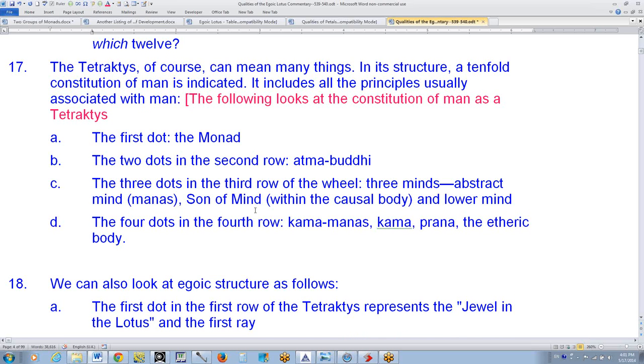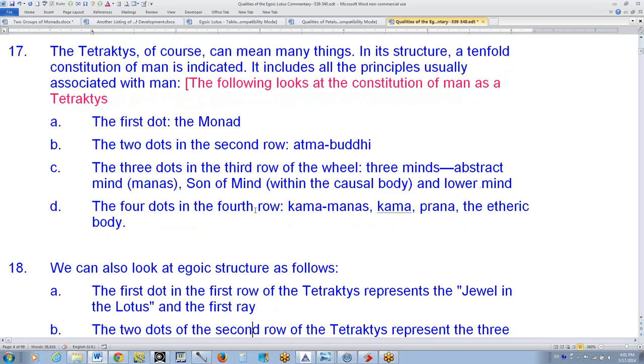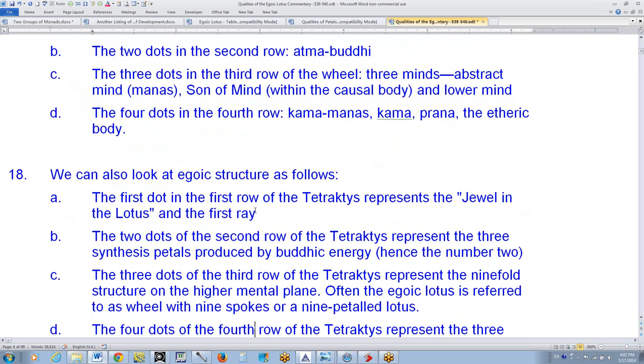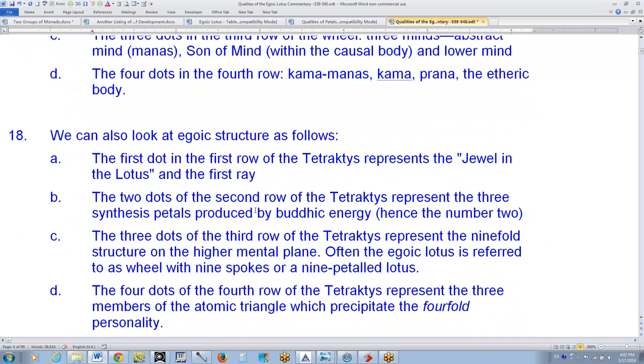So we can look at the egoic structure as follows. The first dot in the first row of the Tetractys represents the jewel in the lotus and the first ray. The 2 dots of the second row of the Tetractys represent the 3 synthesis petals produced by Buddhic energy, hence the number 2, because Buddhi is the 6th principle, but gives us the second ray of love wisdom.